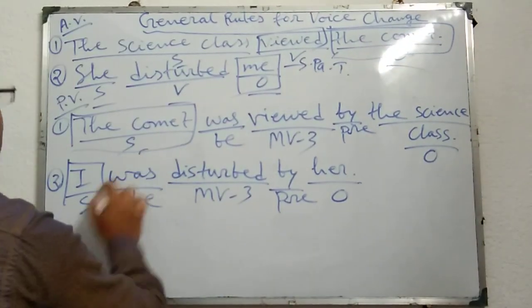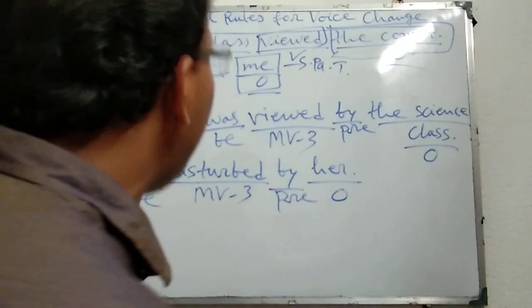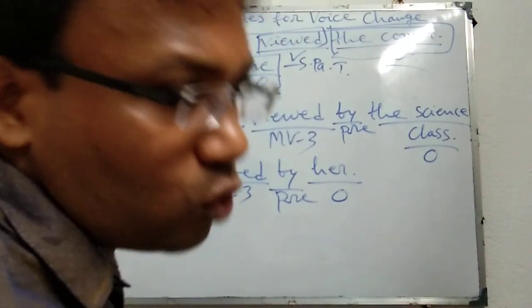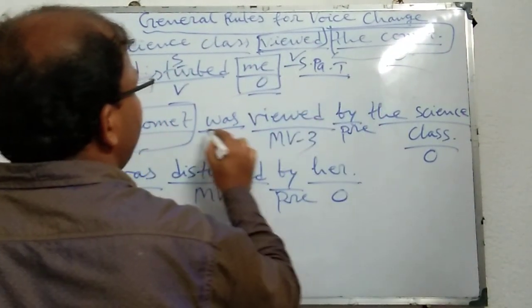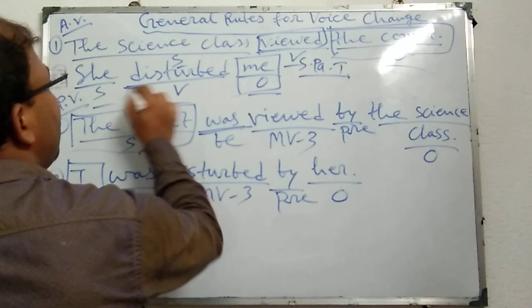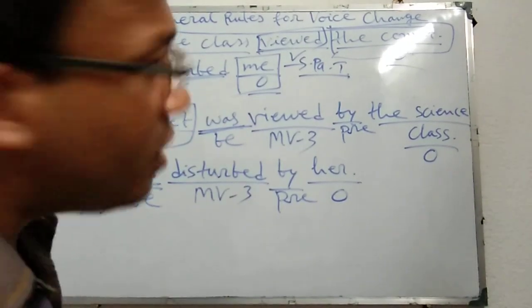of the passive voice. Thereafter, an appropriate form of be verb should be given. Here viewed, it is simple past tense, that's why was or were. Disturbed, it is also simple past tense, that's why was or were will come.